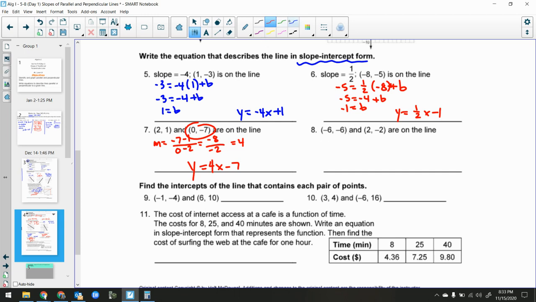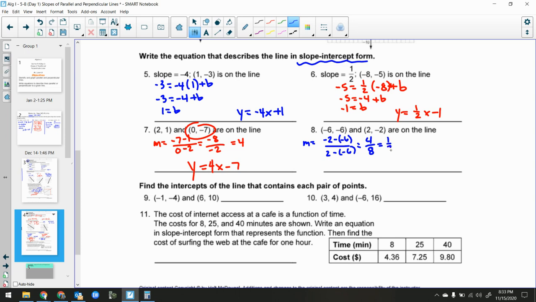Number 8. So let's show you here. I still got to find the slope. Give myself a little bit more room. Negative 2 minus a negative 6 divided by 2 minus negative 6. You follow me there? Negative 2 minus negative 6, 2 minus negative 6. So negative 2 plus 6 is positive 4. 2 plus 6 is a positive 8.